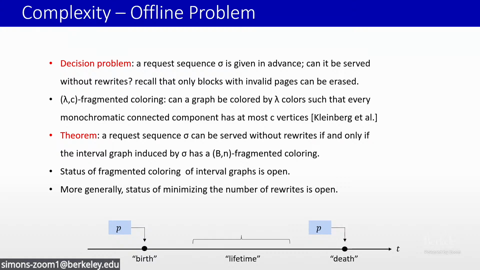Unfortunately, the status of fragmented coloring in an interval graph is open. More generally, the status of minimizing the number of rewrites of a request sequence is also open. We don't know whether it's NP-hard or can be solved in polynomial time.